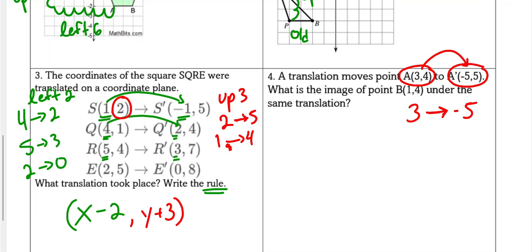That's going down by 8. That's what's happening with the x coordinate. So the same thing is going to happen to this x coordinate. This is the x coordinate for A. This x coordinate for B, the same thing's going to happen to it. I'm going to go down by 8. That means I'm going to go down to -7.